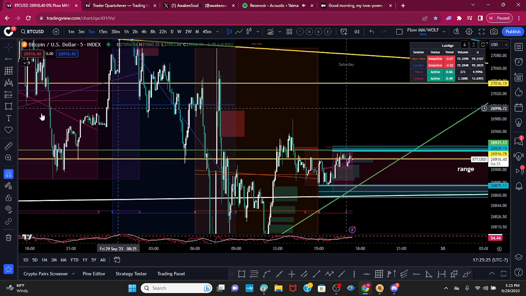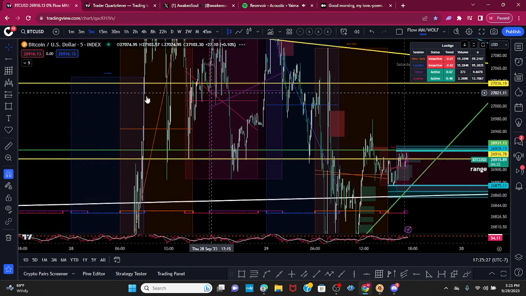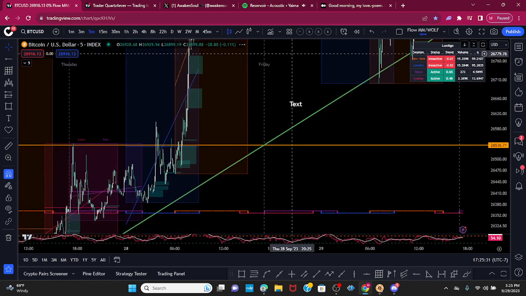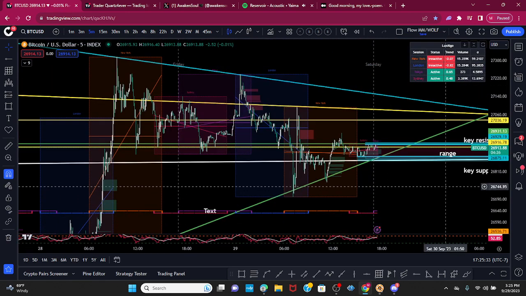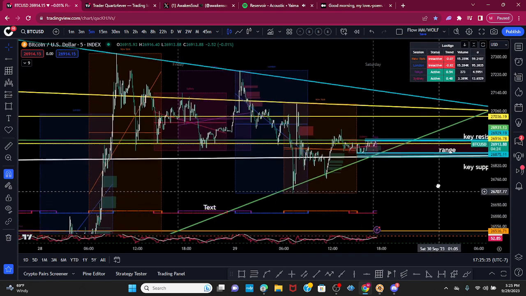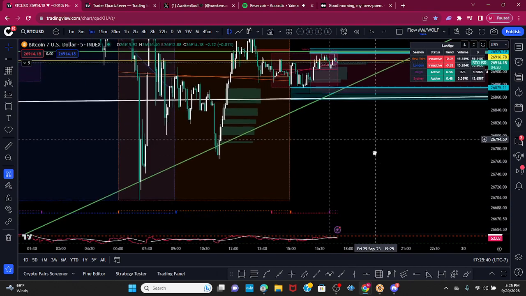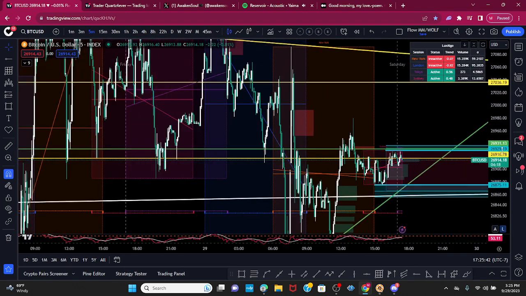Sometimes, when it shows these horizontal lines, those are the POCs of the range of the session. So sometimes I like to turn them on and just check them out, see what they're telling me.